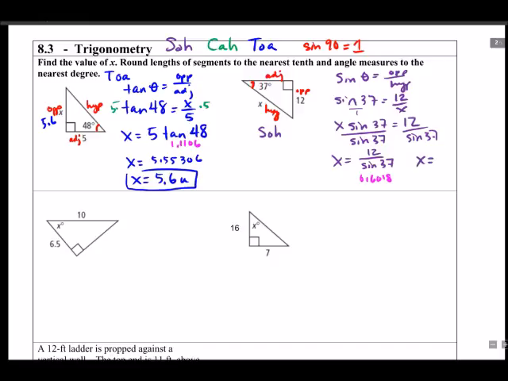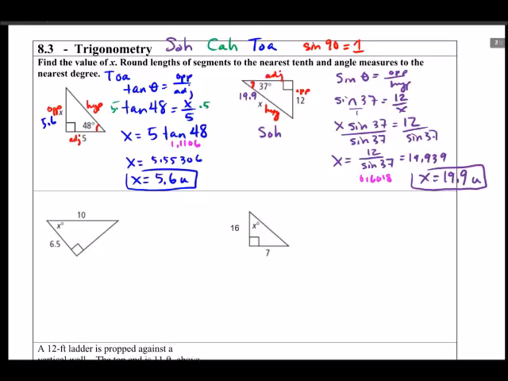And x equals, put this in our calculator, it equals 19.939 and probably a whole bunch of other decimals. x is 19.9 units. So 19.9, which seems a pretty reasonable number. Our hypotenuse is longer than our legs.